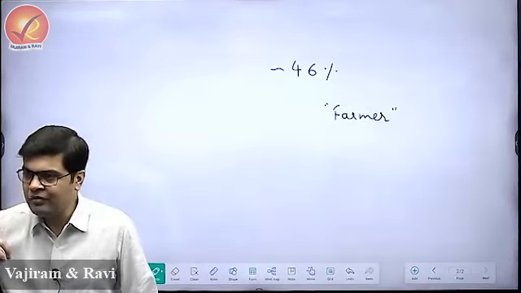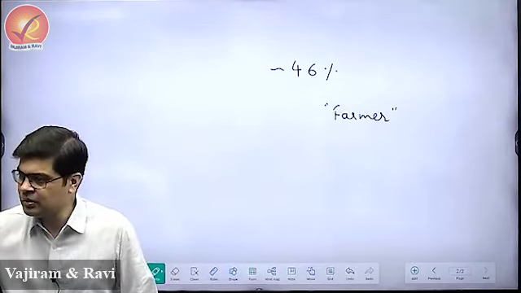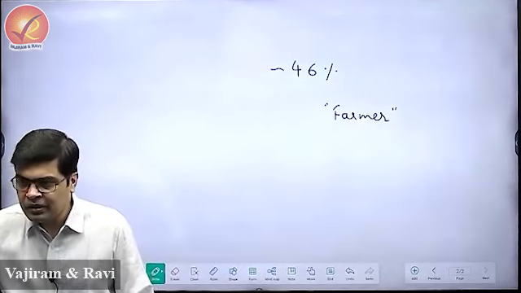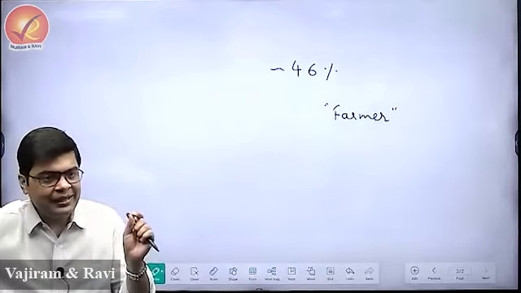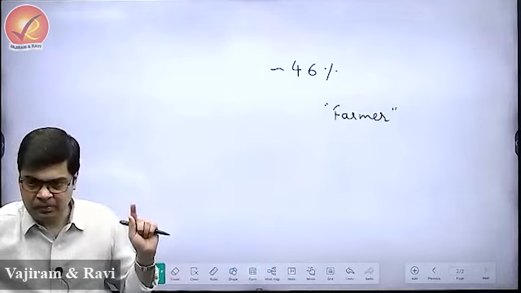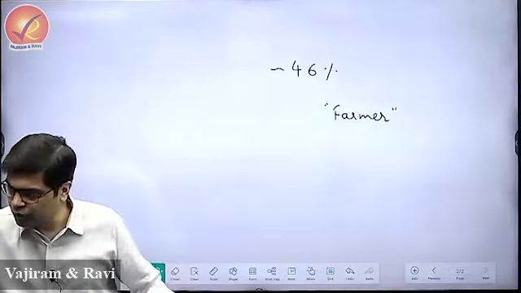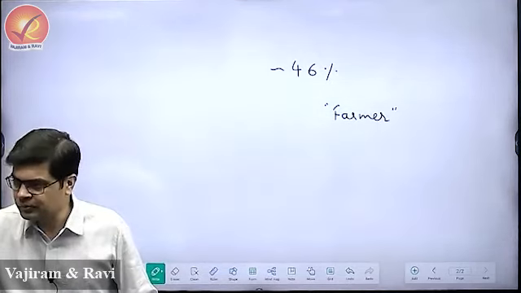So as you've hired me, I will apply the fertilizers in your field and by the end of the day, you pay me a daily wage. So Dr. Swaminathan says, the people who are earning something as daily wage earners from agriculture will also be included under this term farmer. Okay? So the word farmer, according to Dr. Swaminathan, also includes the landless agriculture workers.